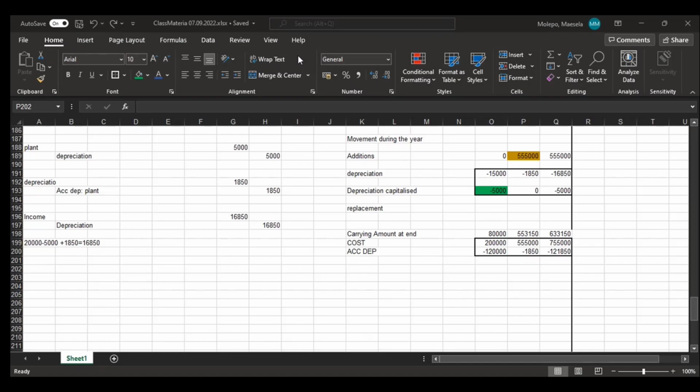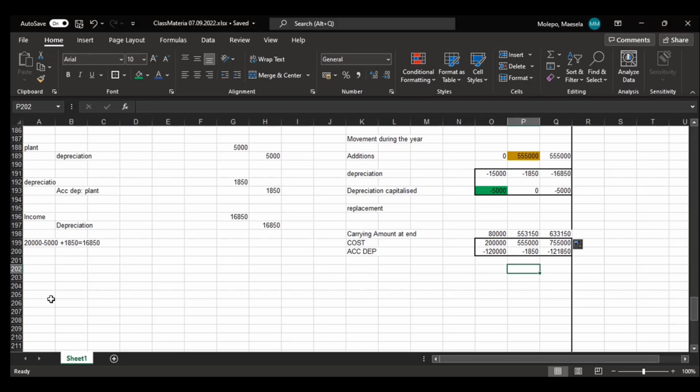So we are calculating the profit or loss as a result of the derecognition. Example 8.